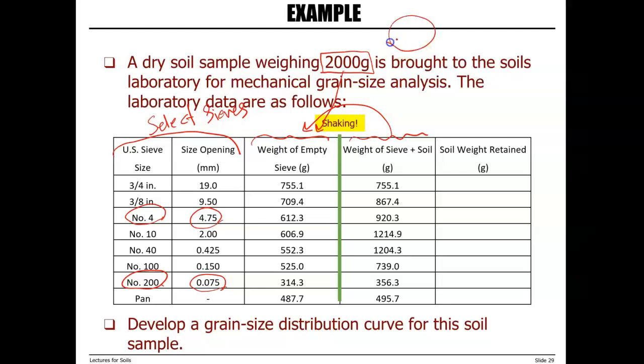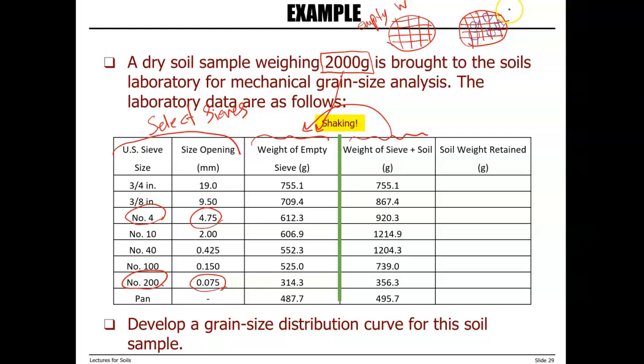So we have a sieve. We measure weight of sieve when it's empty. We have empty weight. Then we do the test. We place our soil sample, shake it, and now we have sieve with particles retained on it.